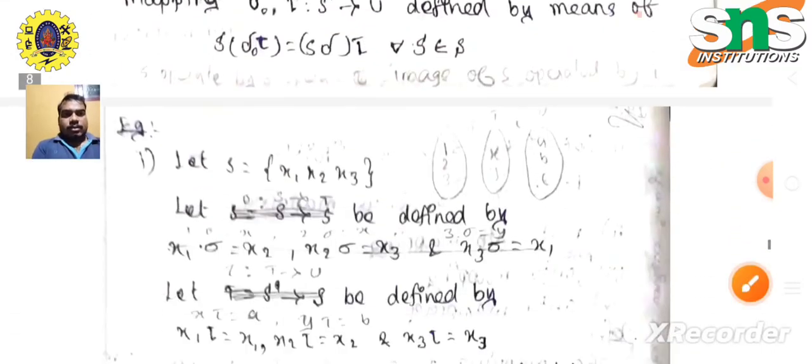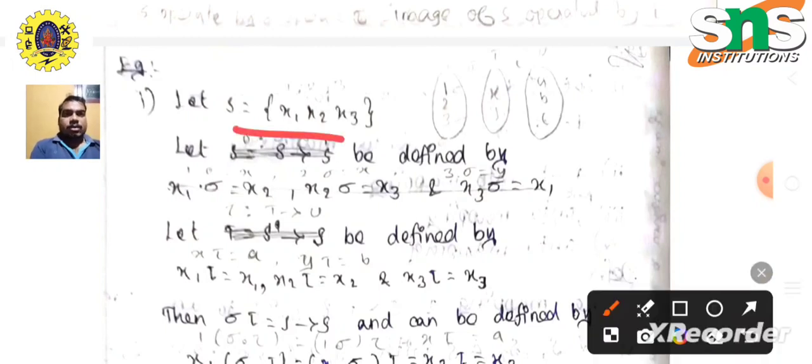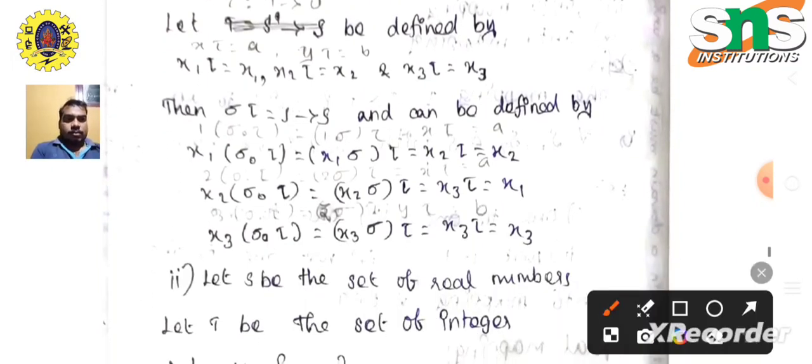Let us see the example. Let S equal to x1, x2, x3, defined by x1 sigma equal to x2, x2 sigma equal to x3, x3 sigma equal to x1. Then x1 tau equal to x1, x2 tau equal to x2, x3 tau equal to x3.